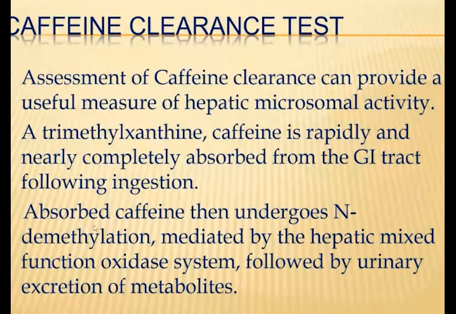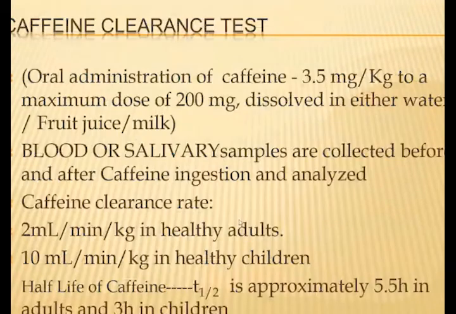Absorbed caffeine then undergoes N-demethylation, and how it is done will be, you have to take oral administration of caffeine. Oral administration of caffeine as coffee, you can take 3.5 milligrams per kilogram body weight to a maximum dose of 200 milligrams.